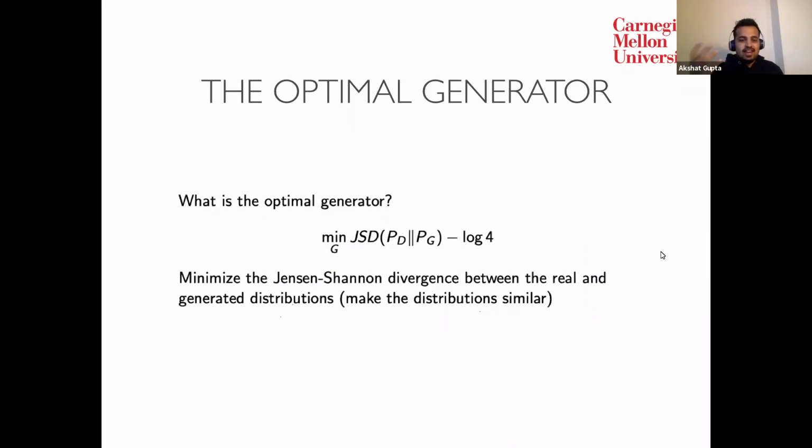And that gives, in my opinion, a beautiful interpretation to what the generator is doing. We have two distributions. We want one to look like the other. Under the value function, under the objective that we defined, and you guys came up with, the generator is trying to minimize the Jensen-Shannon divergence between the real and the generated data distribution.